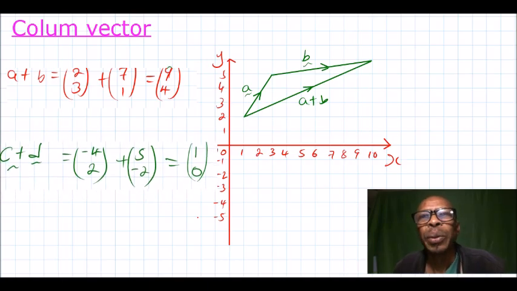We have x as minus 4, so we take 4 to the left: 1, 2, 3, 4, and 2 up: 1, 2. So that is our vector C.